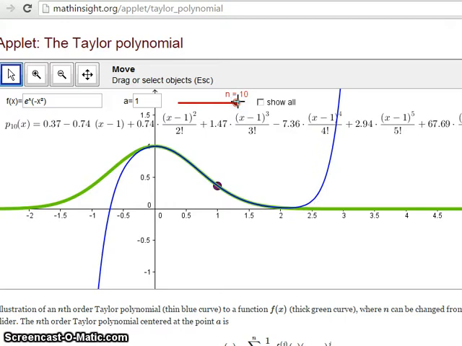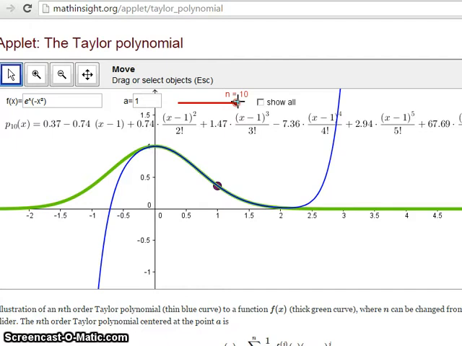So this goes all the way up to 10, and from a little bit more than, say, negative 0.75-ish, it's not very close. The blue line's pretty far away from the green line. But if we go to about negative 0.25 up to about 2.25, the blue line is pretty much on top of the green line. So we have a polynomial that's going to allow us to estimate e to the negative x squared.